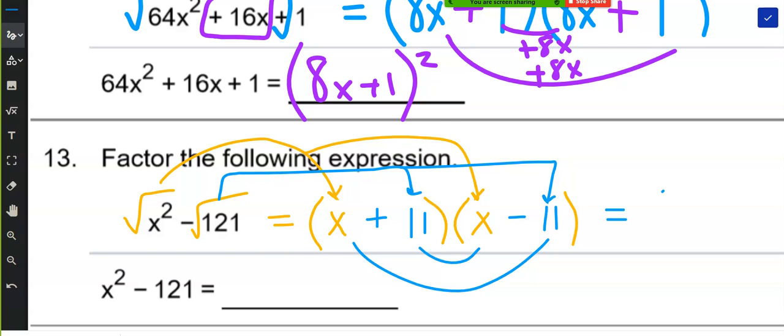Now, can we do something like this? No, why not? Right, they're both different. You can't say something is squared like that when they're not the same.